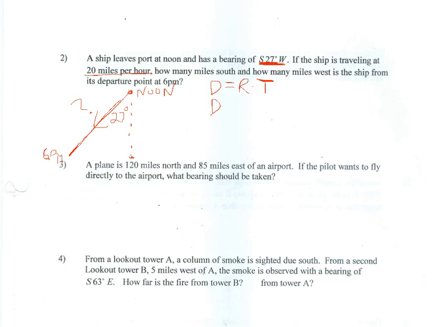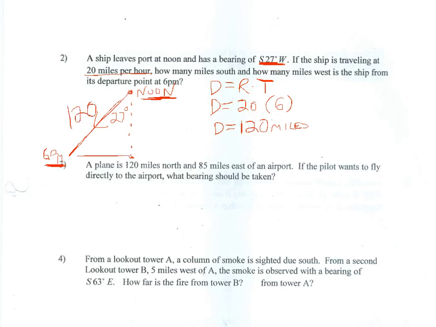The rate is 20 miles per hour. The time, from noon to 6 p.m., is 6 hours. So 20 times 6. The distance that it traveled in those 6 hours is 120 miles. I'm going to get rid of this question mark and replace it with 120 miles.